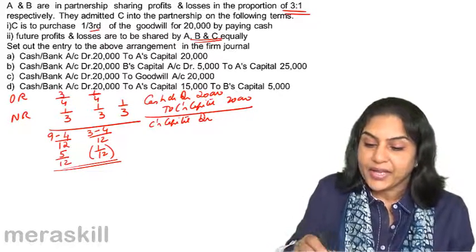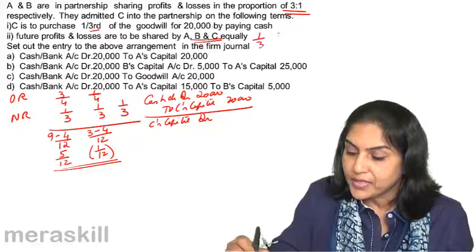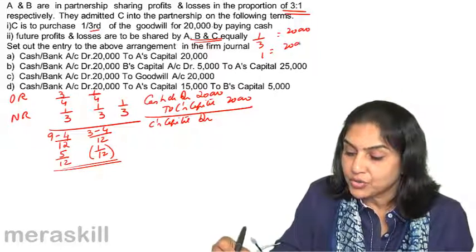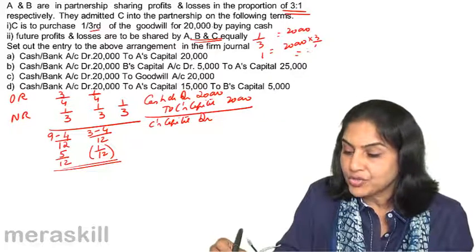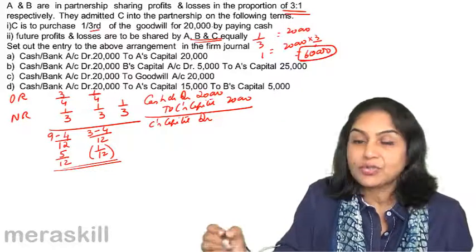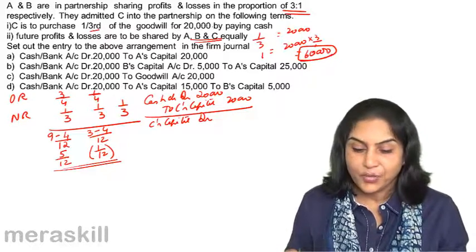Now, if 20,000 is for one-third share, then the full value of goodwill is 20,000 into 3/1, or 60,000.